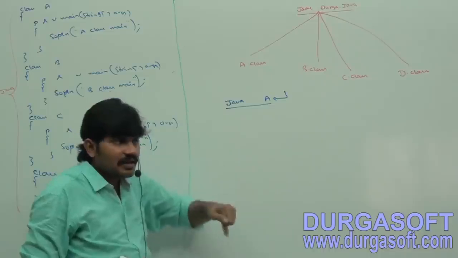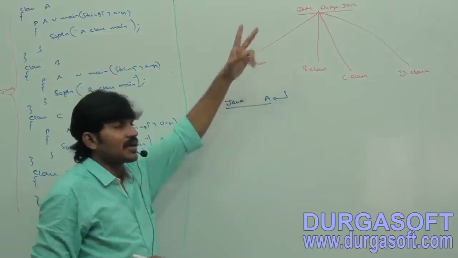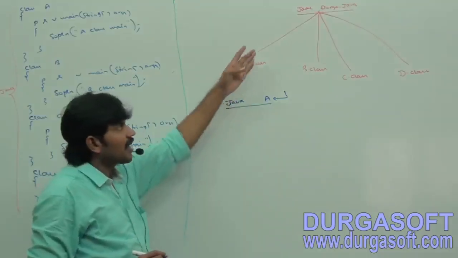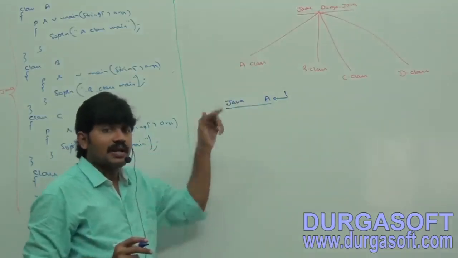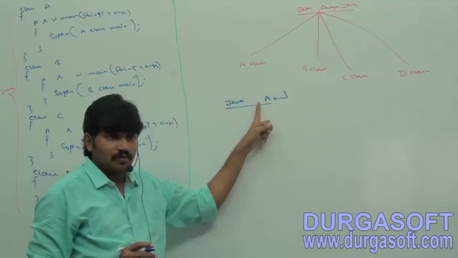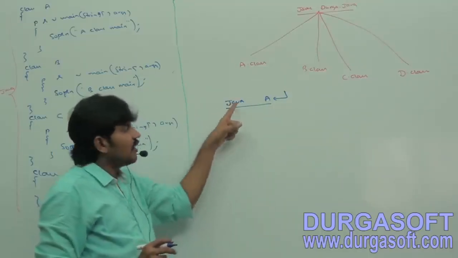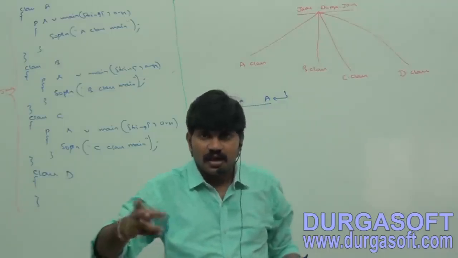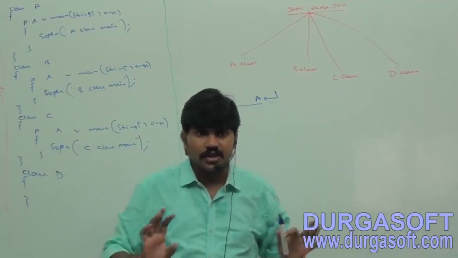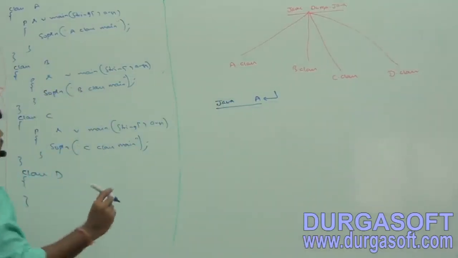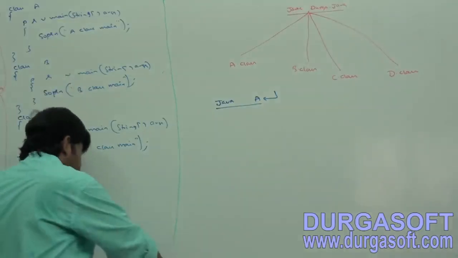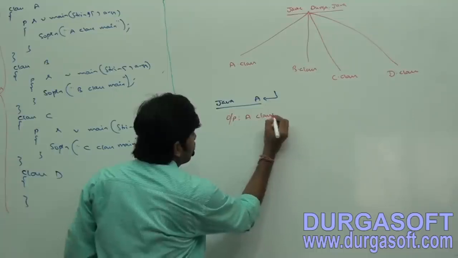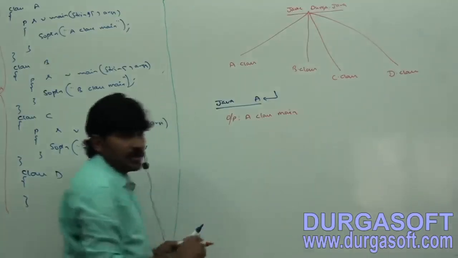We can compile a Java program, the Java source file, but we can run a Java class, not a program. Java A: whenever we are executing a particular class, the corresponding class main method will be executed. Which one is the corresponding main method? A class main. What is the output by default? A class main.